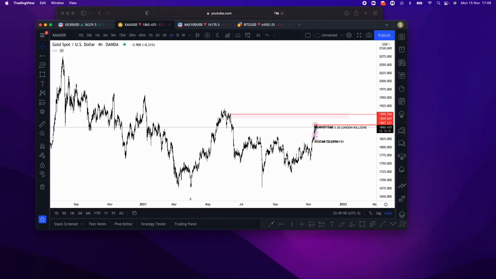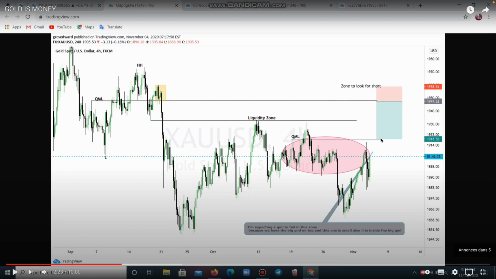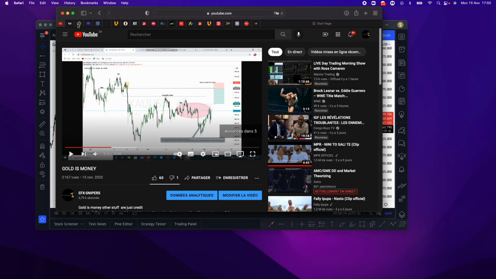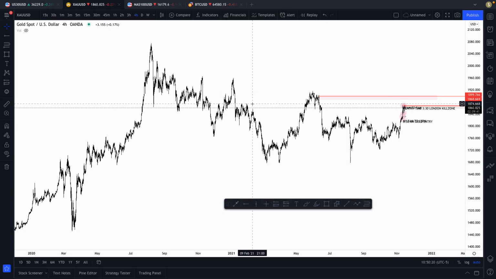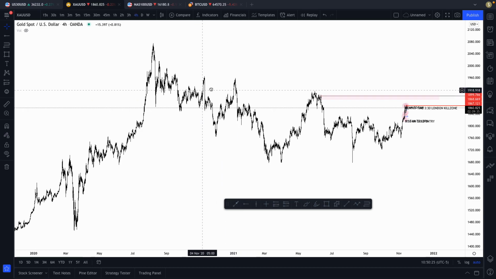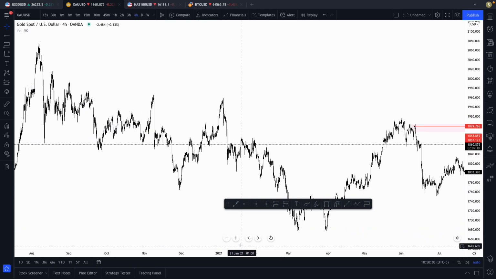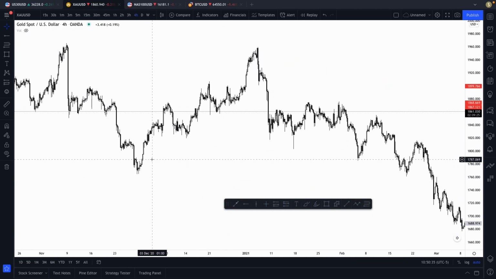I forgot where it was. It chose this area, 1918. Okay, 1918. So it was somewhere around there. Oh, I've been trading gold for so long, huh? Okay, I'm sure it's somewhere here. Yeah, it's somewhere here.